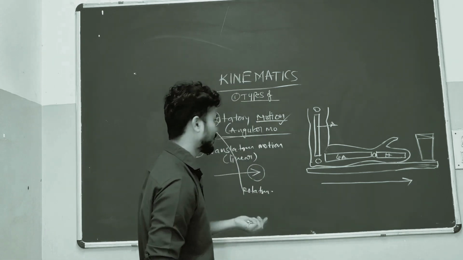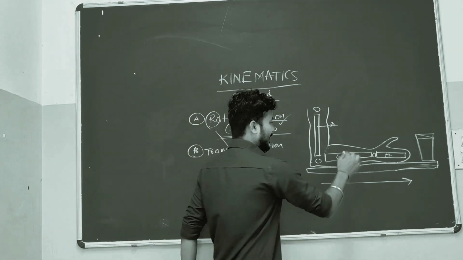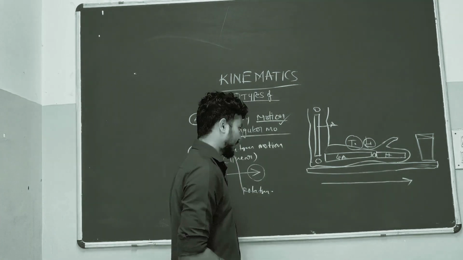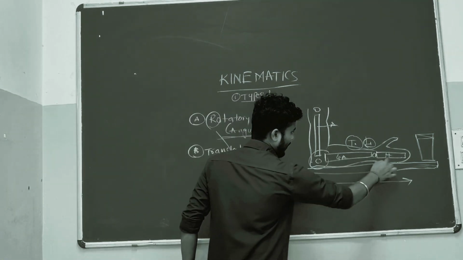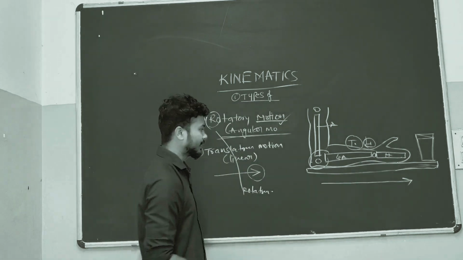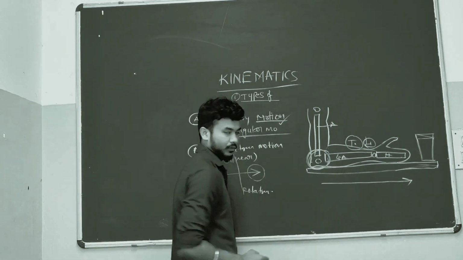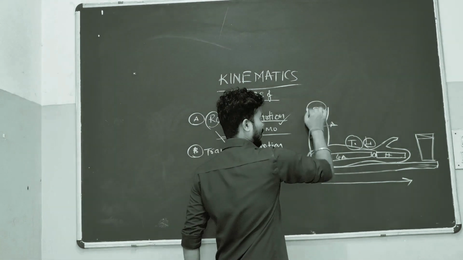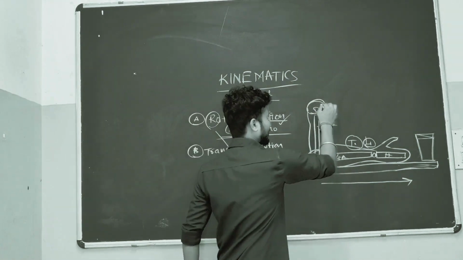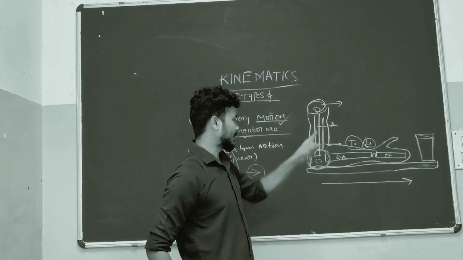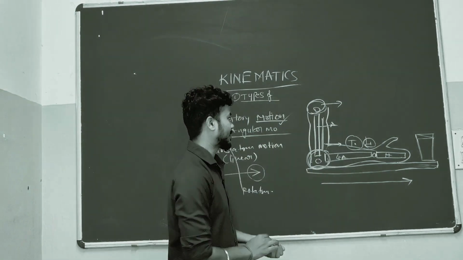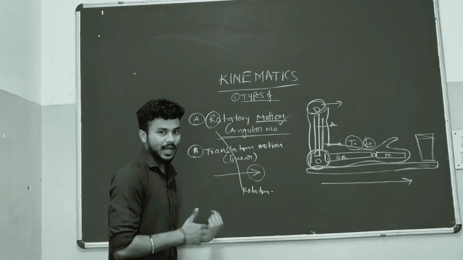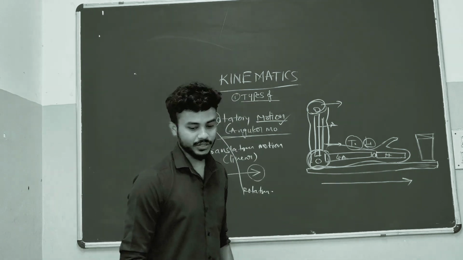So the point to remember in this motion is that linear movement is happening, but the forearm and hand component are moving because of the elbow rotation, and the arm component is moving forward because of the shoulder rotation. Because of these two rotations, shoulder rotation and elbow rotation, translatory linear motion is happening. That is translatory motion.